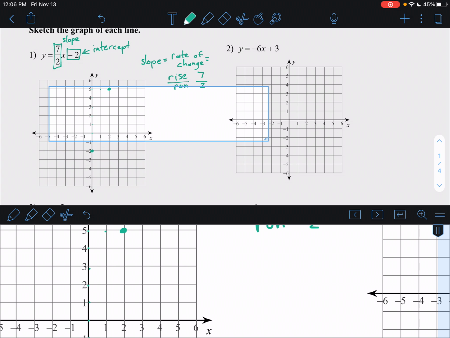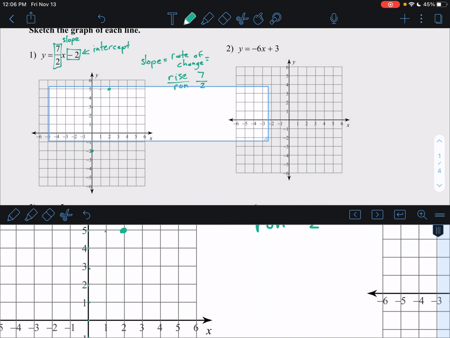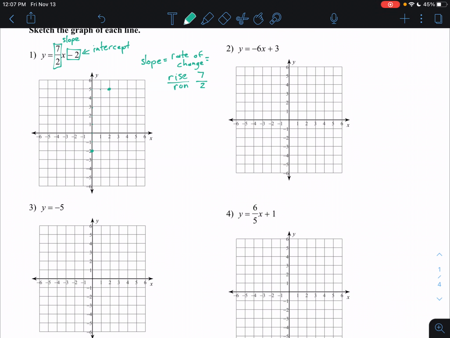Just like yesterday, when we talked about how once you had 2 points, you could figure out the pattern, with graphing like this, once we have 2 points, we can figure out what the rest of the line is going to look like, because all the points on this line are in a straight line. I don't need to figure out other points.